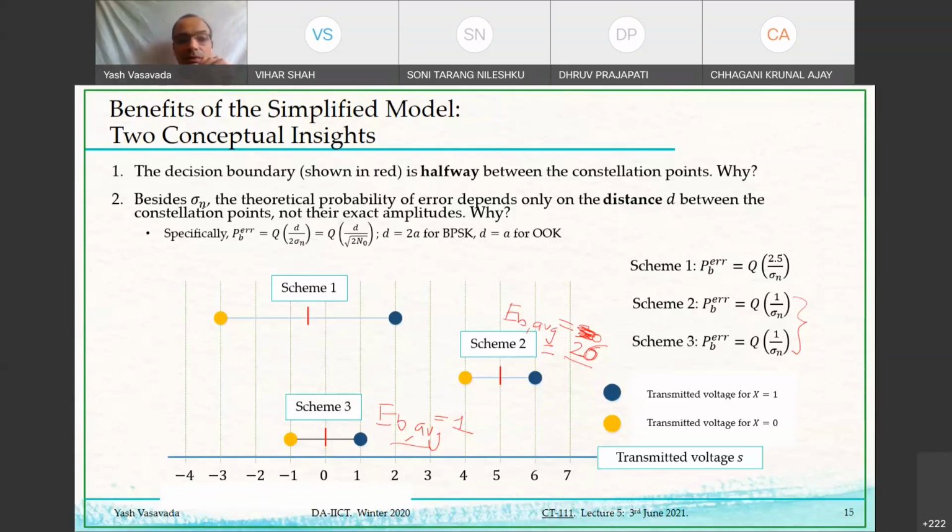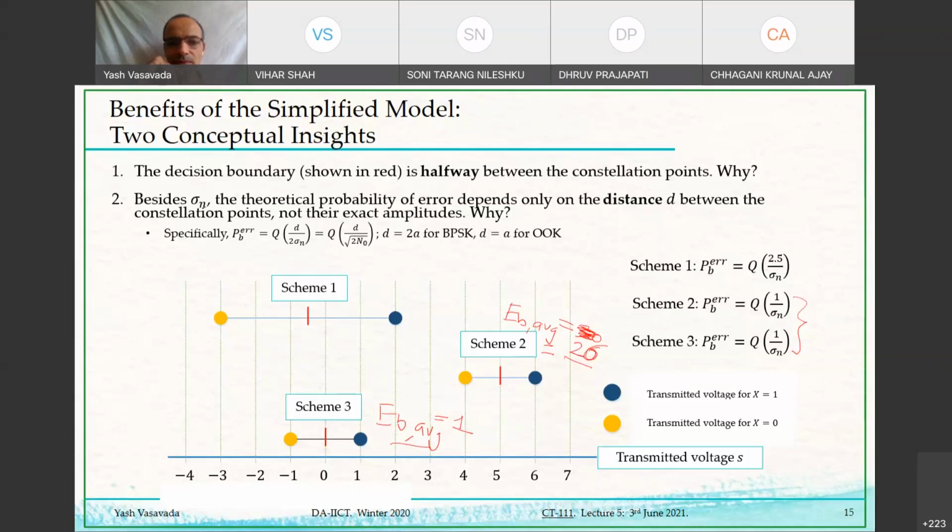Now I'm going to ask you a question to think about and answer quickly. Is scheme 1 the best possible scheme, or is there some other smarter scheme which gives the same performance as scheme 1 but is better in terms of energy?